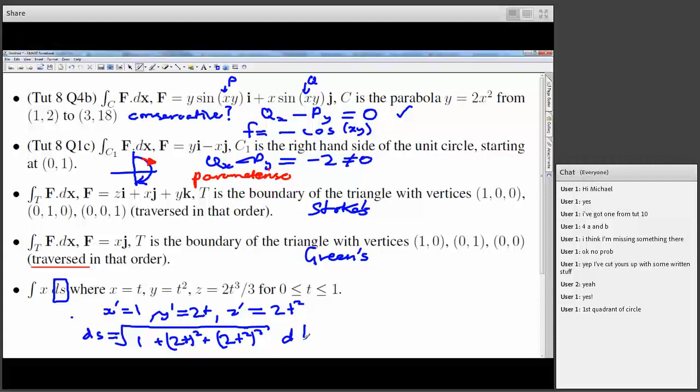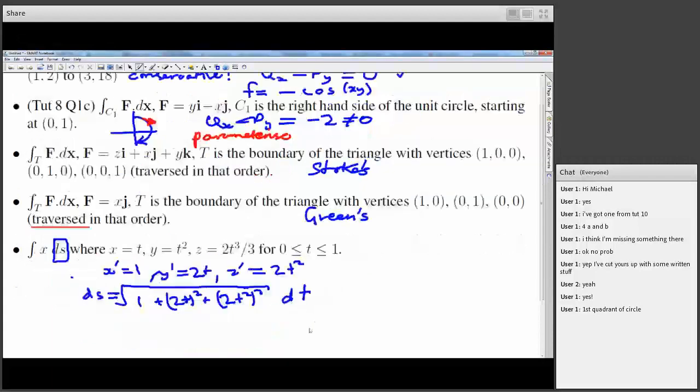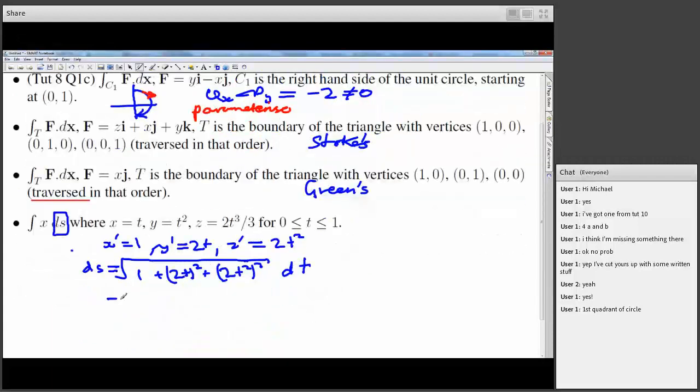So that dt. And again, it'd be nice to try to simplify it down. So it's 1 plus 4t squared plus 4t to the 4, square root, hopefully. What you're really hoping for in these cases is that the square root disappears.